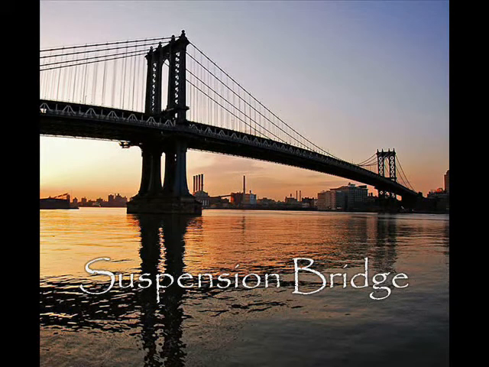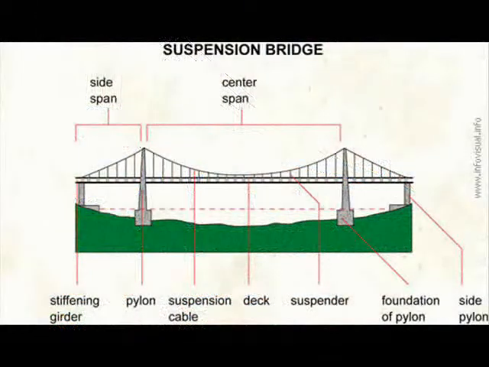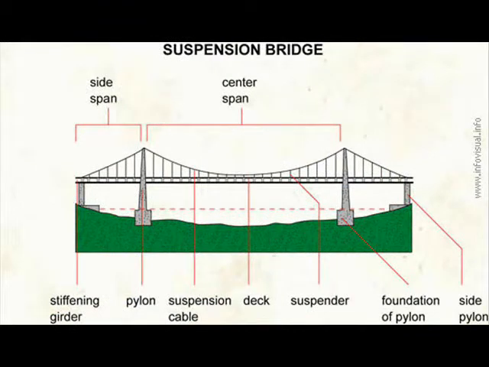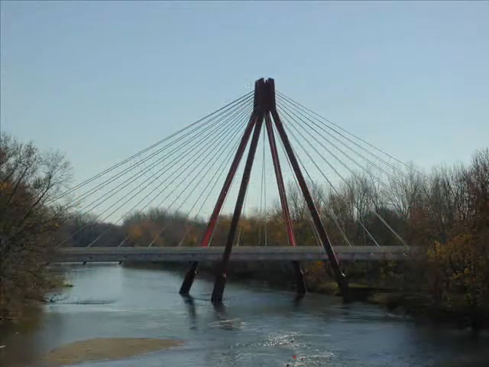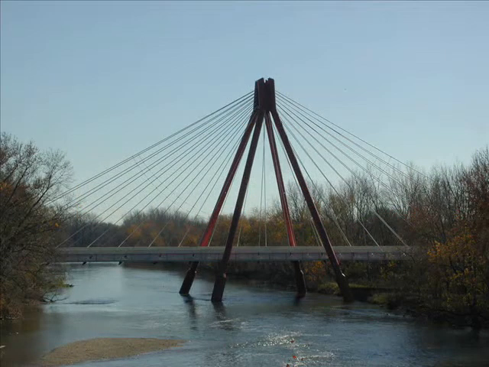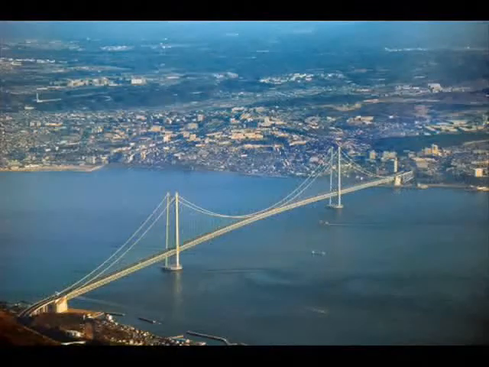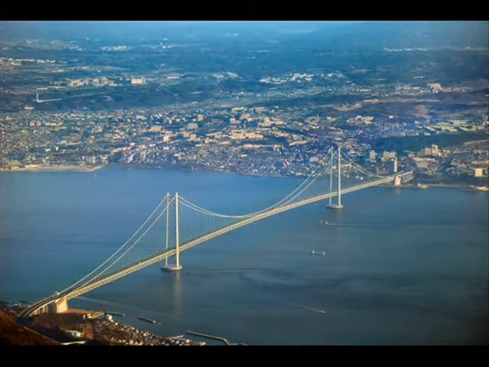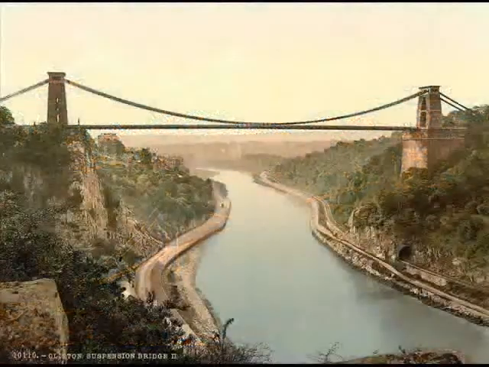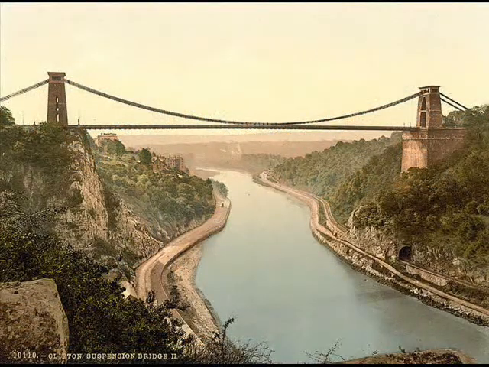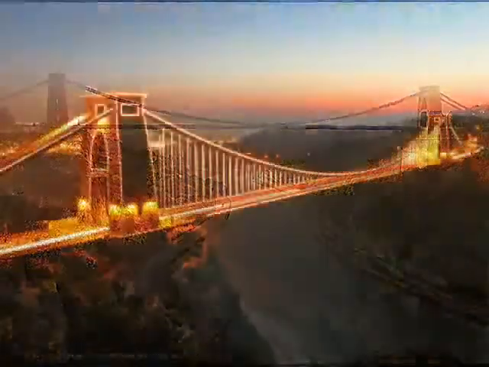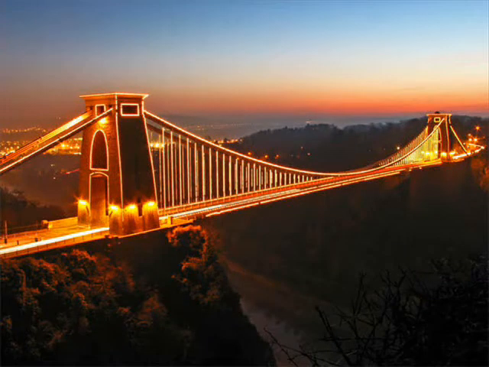It's one where cables, ropes or chains are strung across the obstacle and the deck is suspended from these cables. These types of bridges can cover long spans, but they are very flexible, so they don't resist a lot of weight. For example, they can be used to build railways.